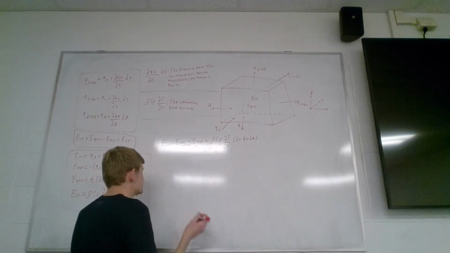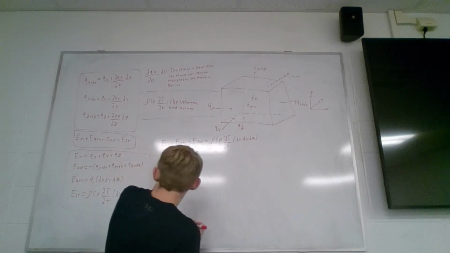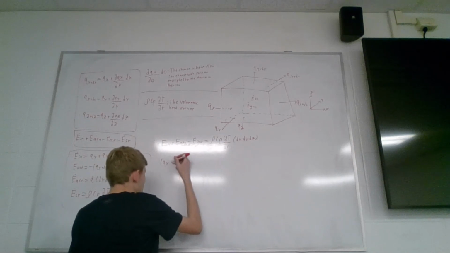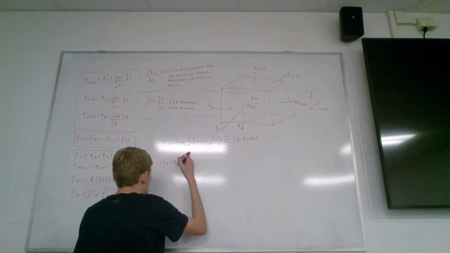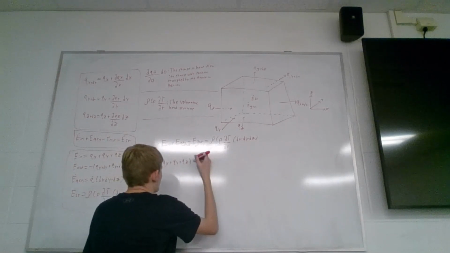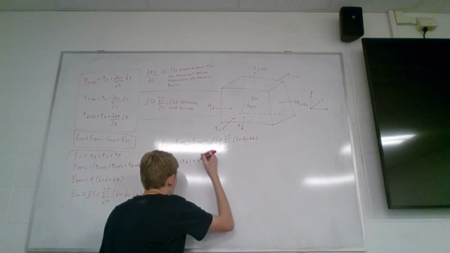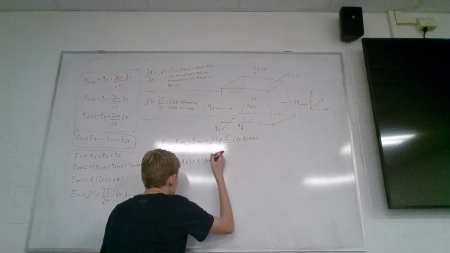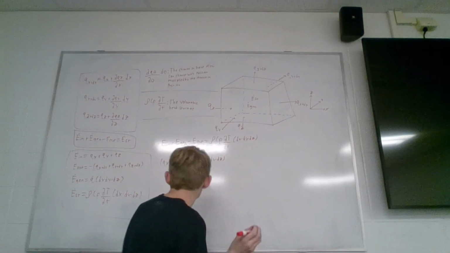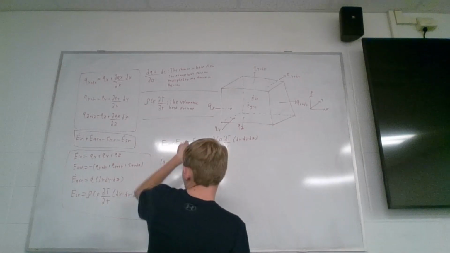So we're going to come here and say that our energy in is going to be equal to our heat from x plus our heat from y plus our heat from z, plus our energy generation here, which is going to be our heat flow in our volumetric units, so it's going to be dx, dy, dz, and then it's going to be our energy going out.